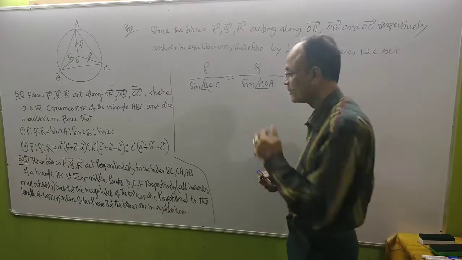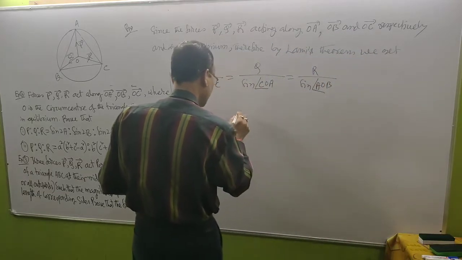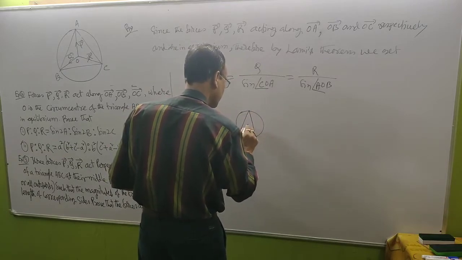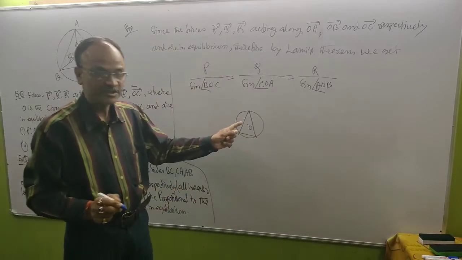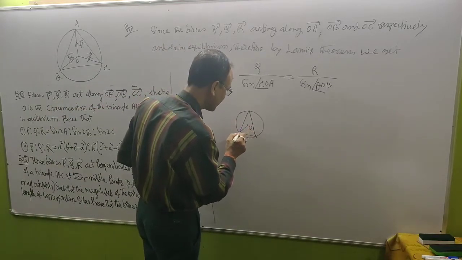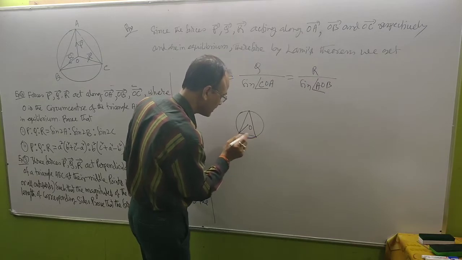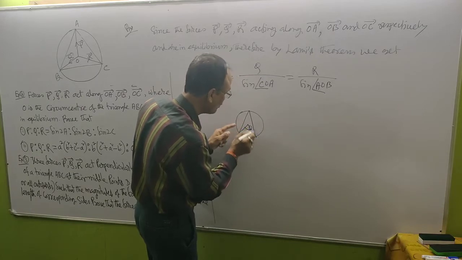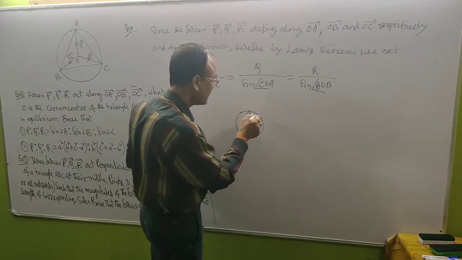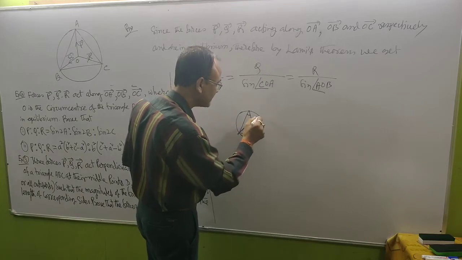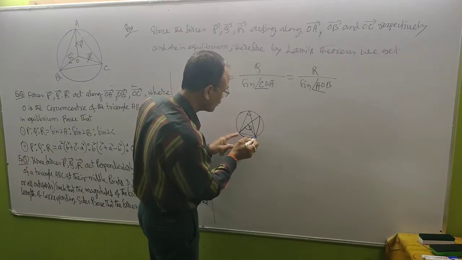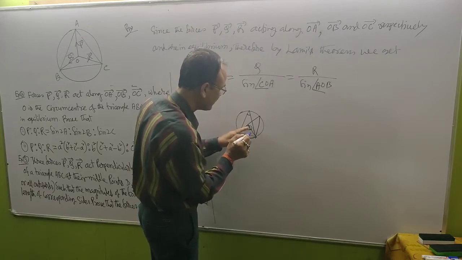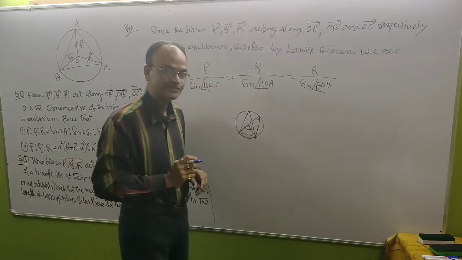Now you see, this is the center. From geometry, the angle made at the center will be equal to 2 times this angle at the circumference. If the triangle is like this, then also the angle made at the center will be twice this angle.